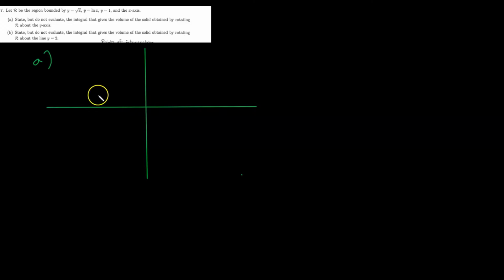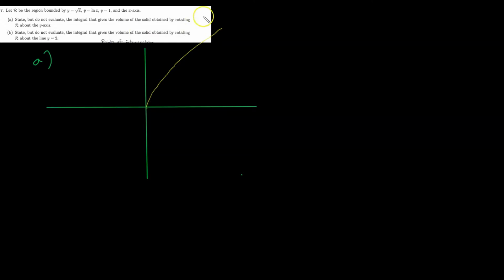So first things first, we're going to draw a graph of what's going on in this problem. We got to draw our functions. So y equals root x looks like this. And then you could just plug in 1 for x and several values, and you'll get a shape like this.